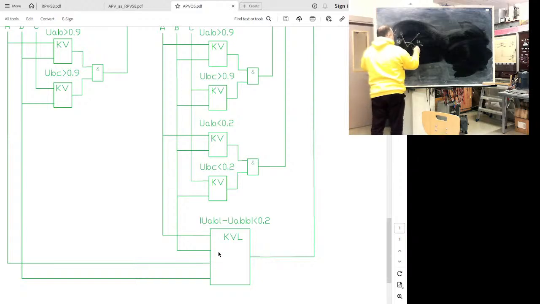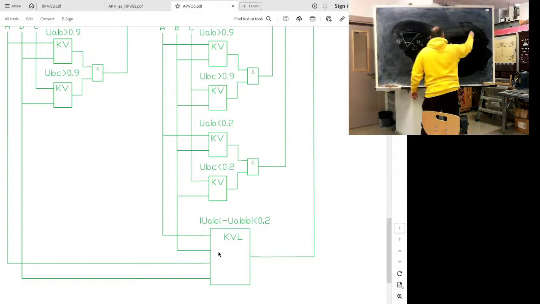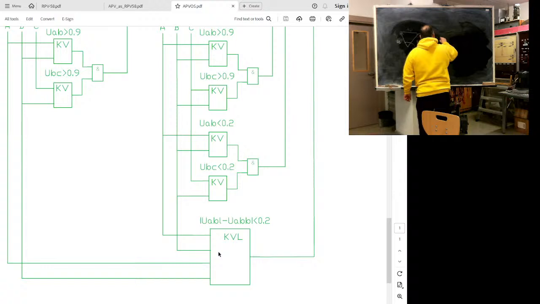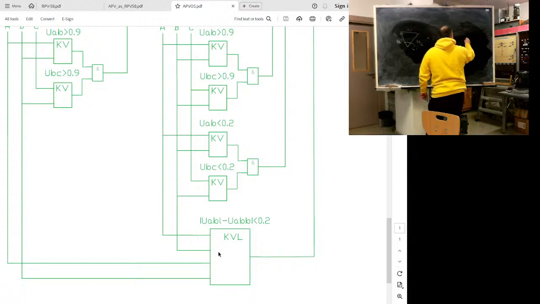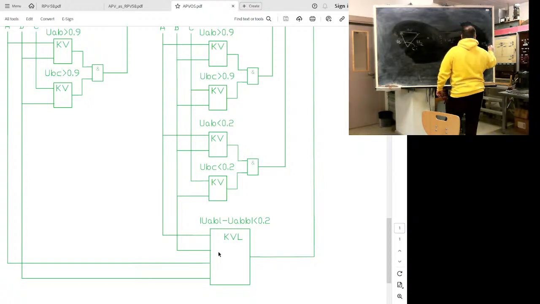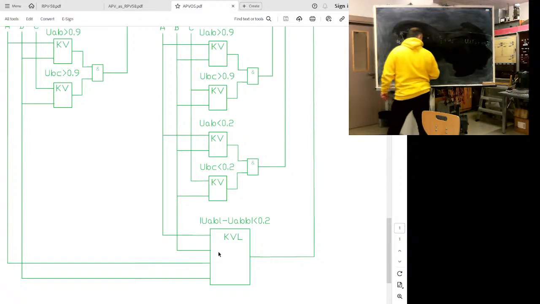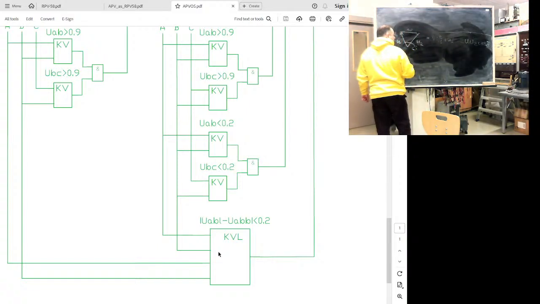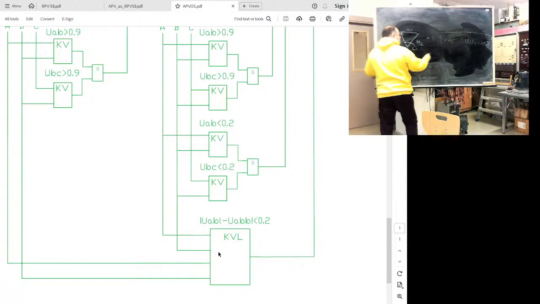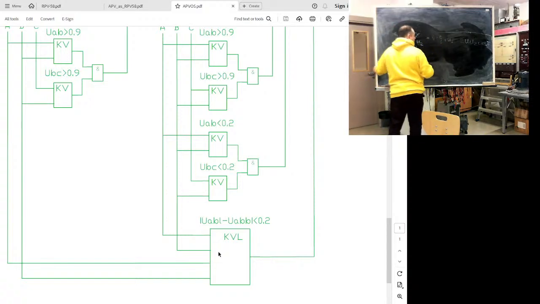Here is our delta. This difference, delta U, can be written as the square root of U1 square plus U2 square minus double U1 U2 cosine of delta. This is constant, this is constant.